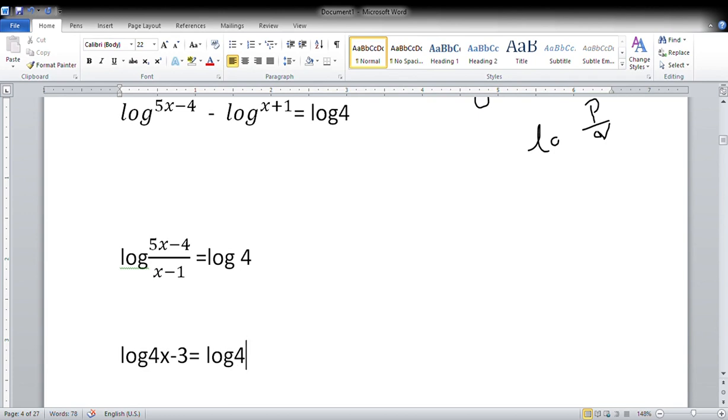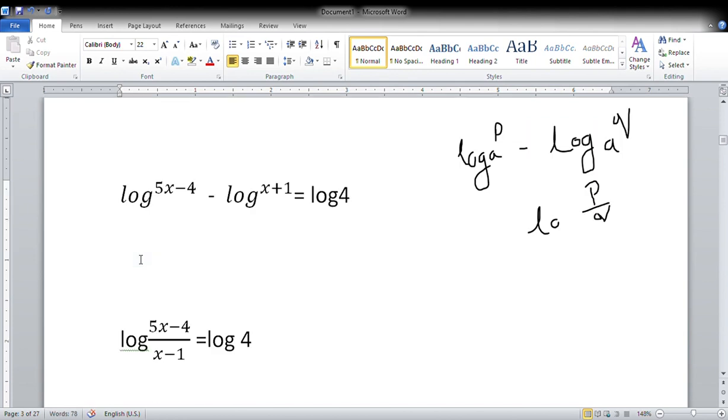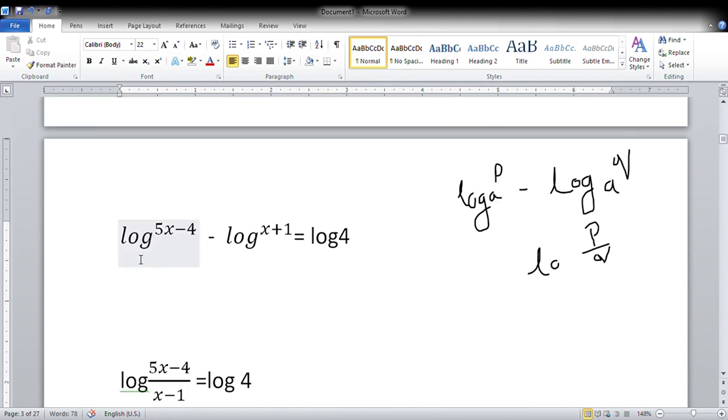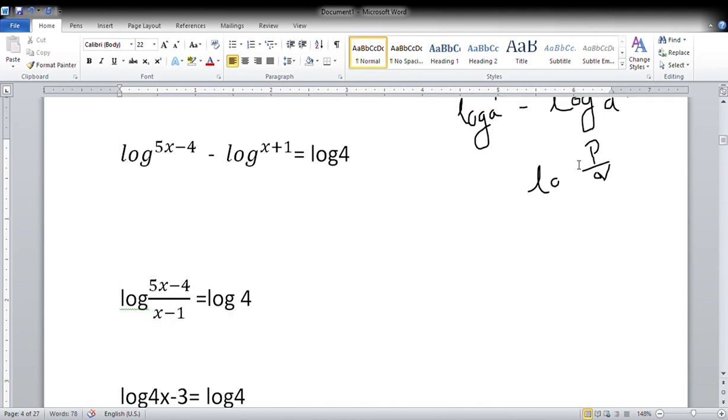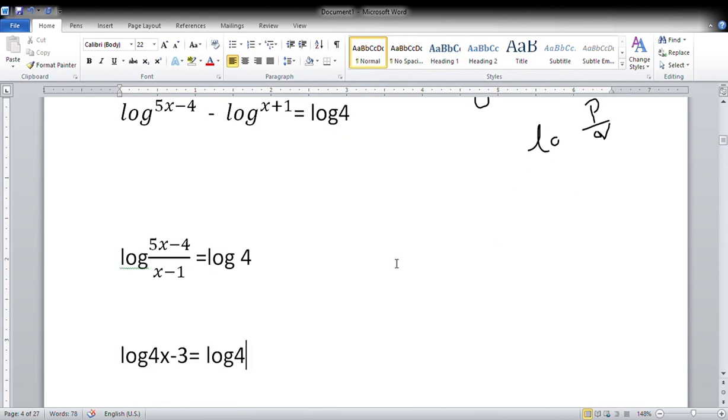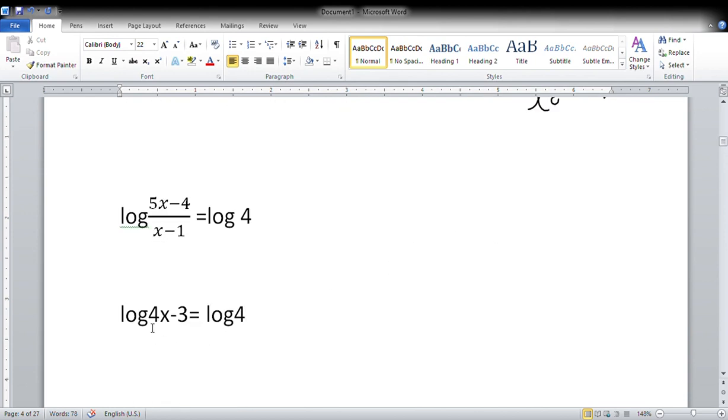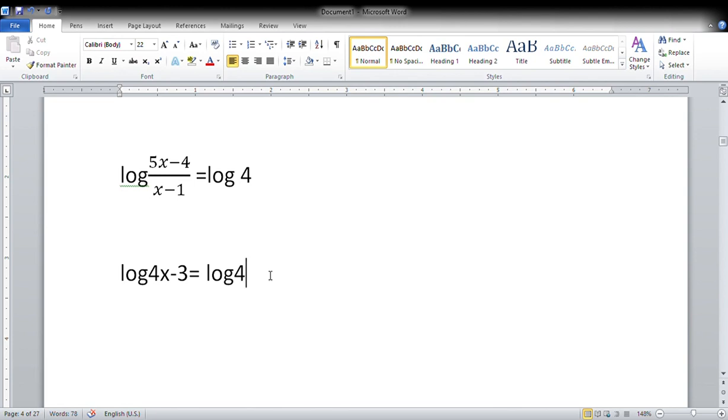If no base is given, that means the base is 10. Both sides have log, so simple thing, we can cancel the log.